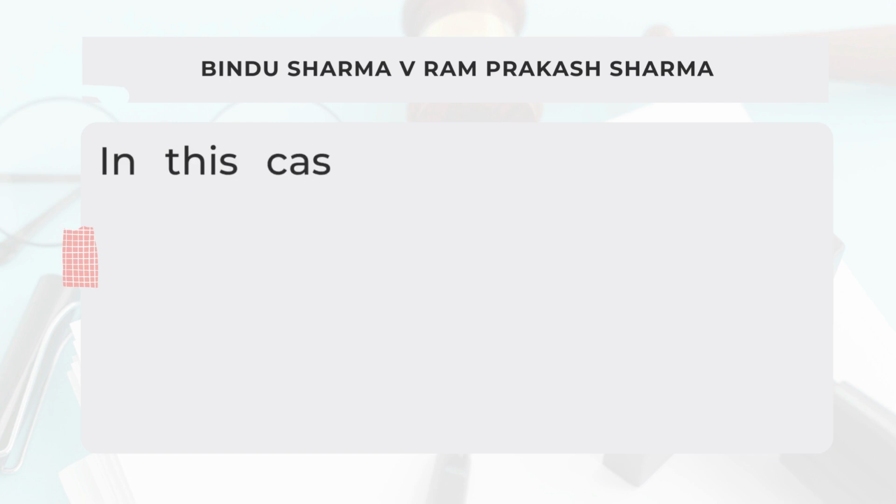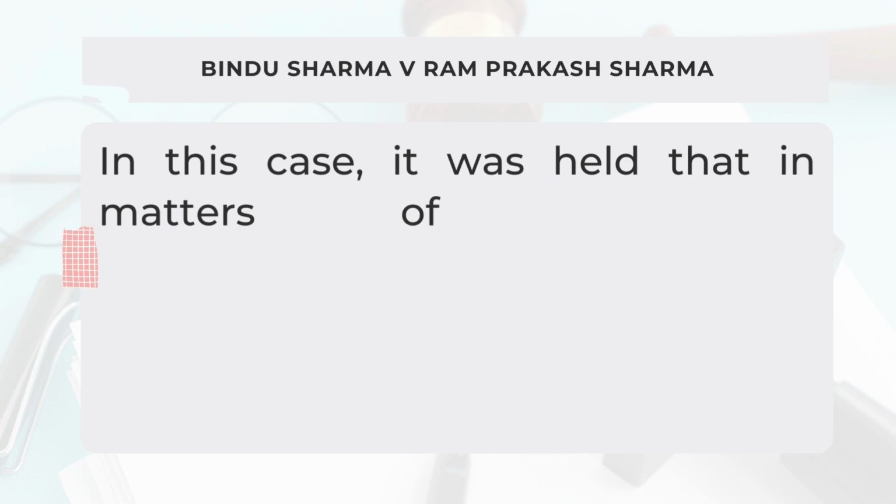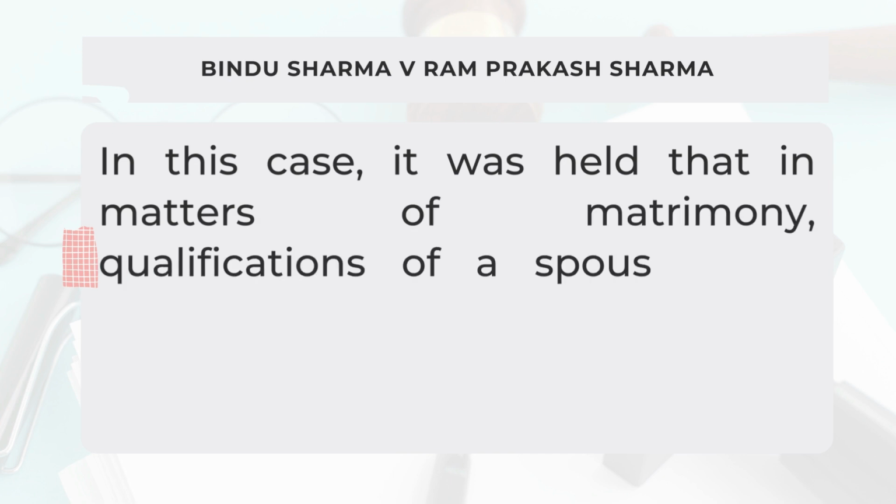Another case, Bindu Sharma versus Ram Prakash Sharma. In this case, it was held that in matters of matrimony, the qualification of a spouse is of immense importance. And if you are hiding that, it leads to misrepresentation.